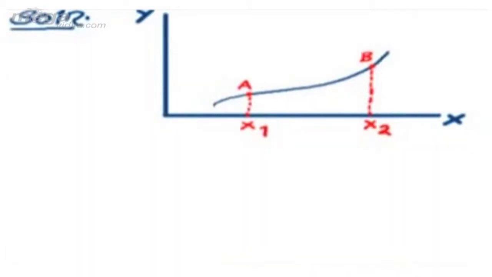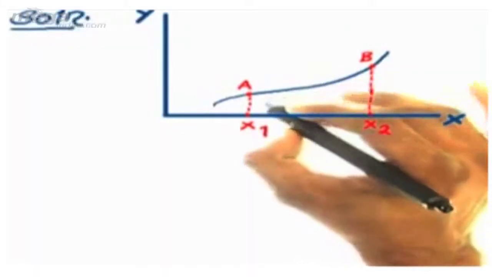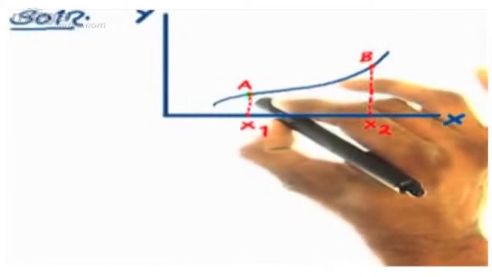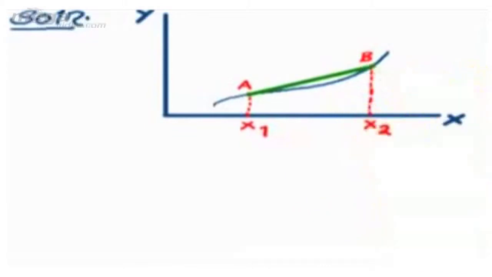Now if we want to talk about the displacement of the particle, then it can be easily calculated, because the direct distance between A, the initial position, and B, the final position, is called the displacement.